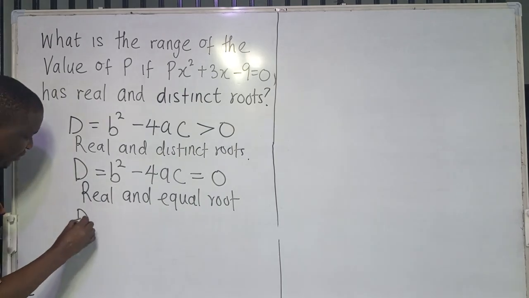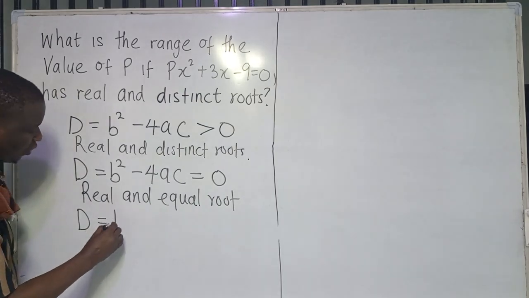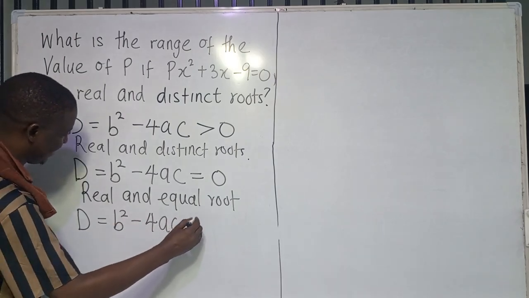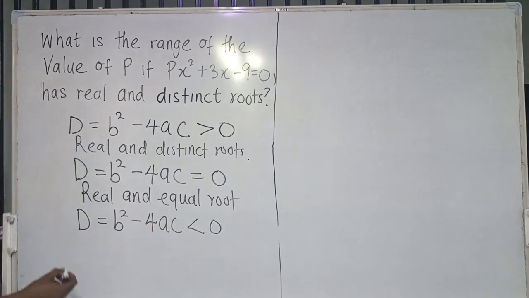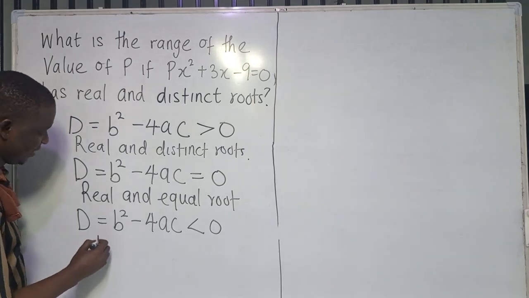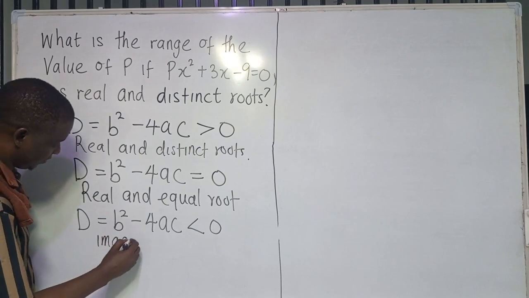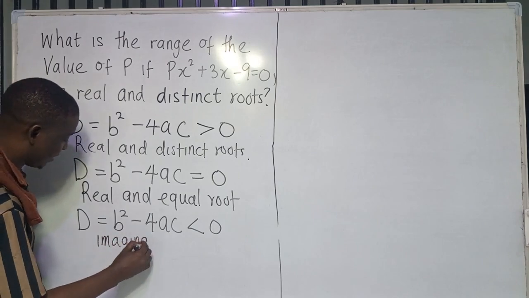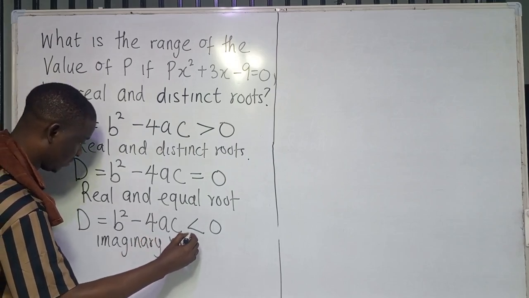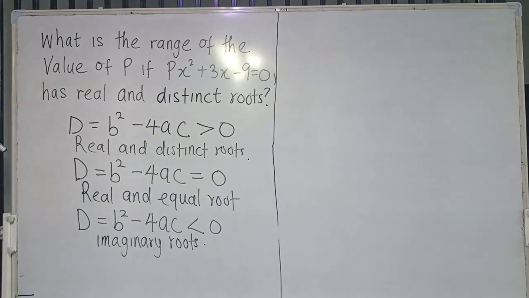So anytime your discriminant, b squared minus 4ac, is less than 0, it means the roots are imaginary, that means they are complex roots. You understand what I'm saying now?